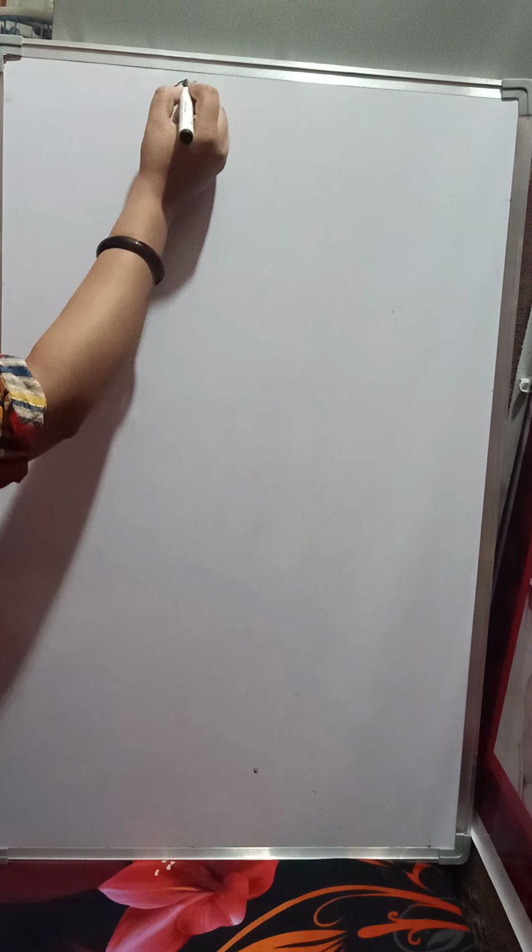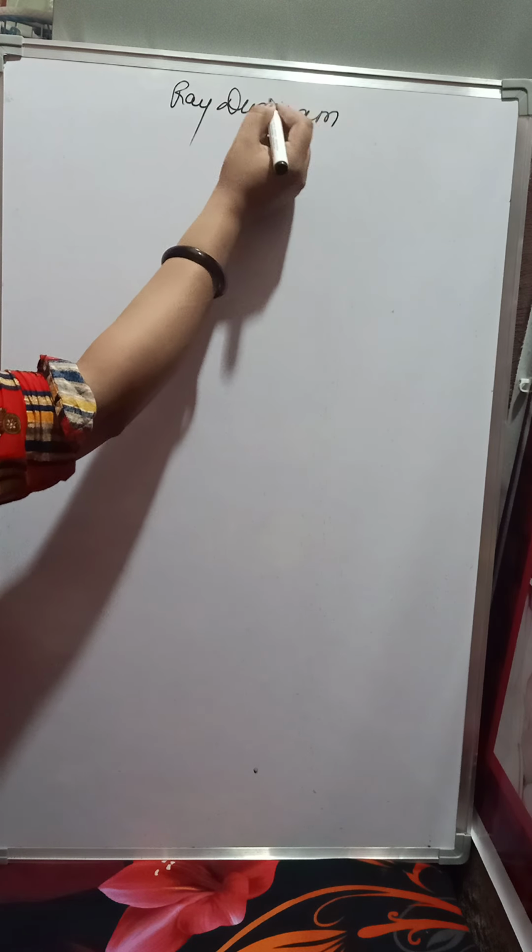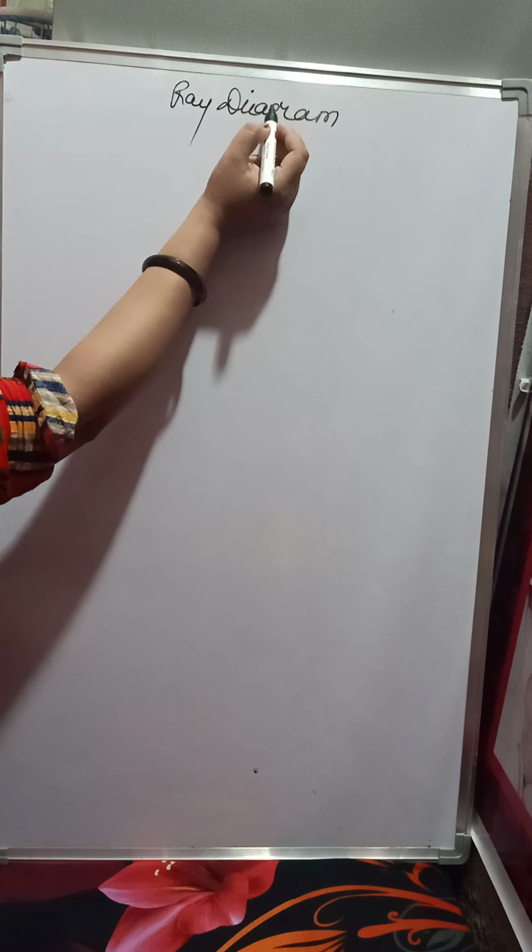Yesterday I explained the few rays which are used in the formation of a ray diagram. So today I am going to explain the ray diagram of concave and convex mirror.